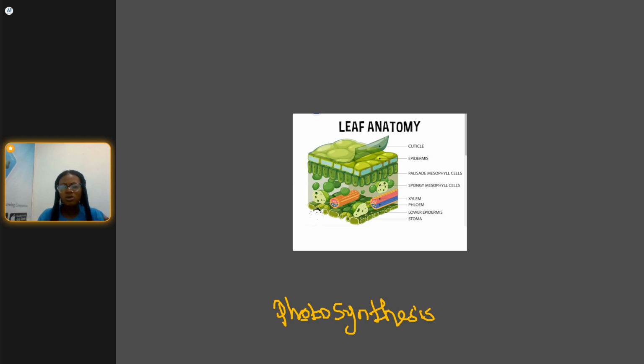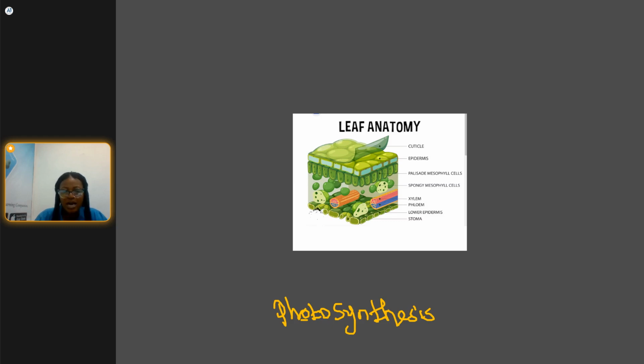So we want to look at the internal structure of the leaf. What is it composed of? What are the components that help the leaf to function well? That is what we are looking into. You can see on the board the leaf anatomy. We have different layers, just like we have in the roots and the stem.